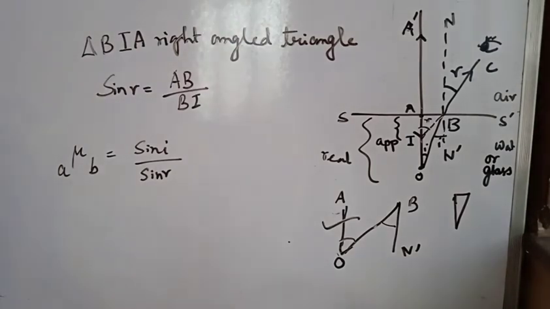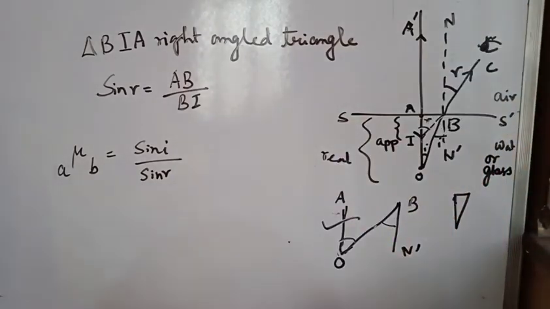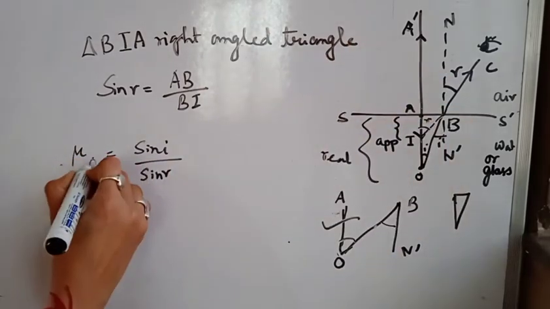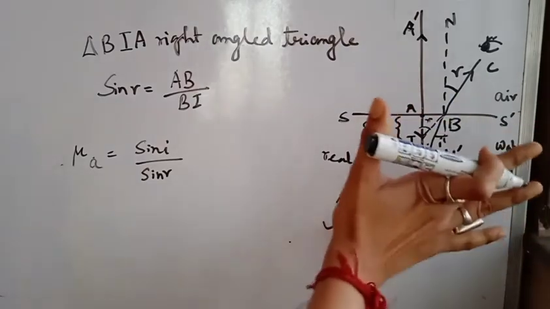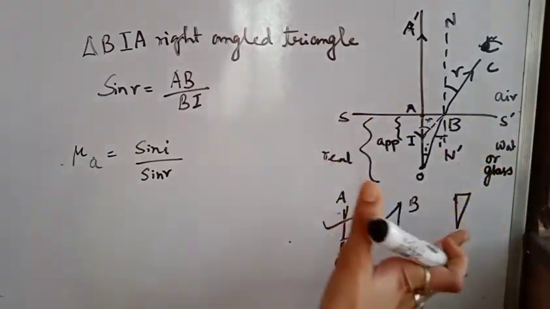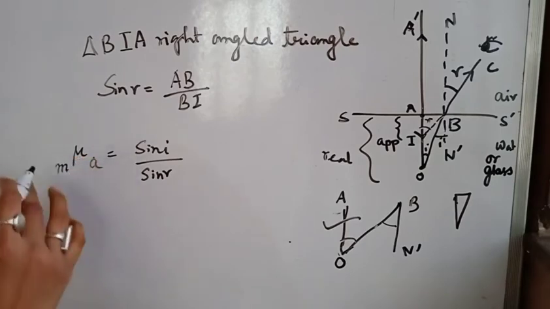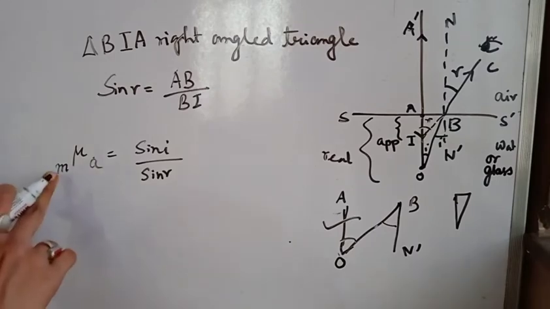Now as here the light ray is going from water or glass to air, we will write it as the refractive index of air with respect to the second medium, this medium. Here the water or glass is the first medium, because the light ray is going from this medium. So this will be mu A, the refractive index of air with respect to the first medium, that will be sine i by sine r.